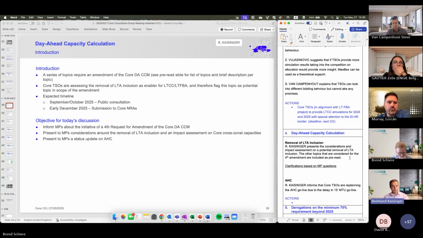The objectives for today are, on the one hand, to make you aware of this fourth request for amendment, then to present the first considerations around removing LTA inclusion from the core day-ahead capacity calculation, in particular the impact on the cross-zone capacities in the day-ahead timeframe, as well as give an ad hoc update on AHC, especially given the recent developments on the MCSC SDOC side. So with that, we can go to the next slide.